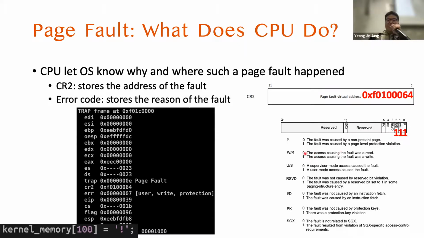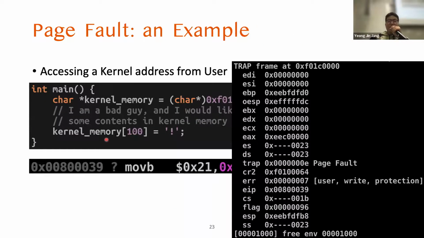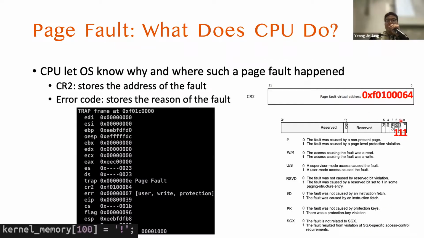And then read/write. The 0 means that the current access was a read, and 1 means that the current access is a write. The access that we made was writing this value to the kernel memory. That's why we have the W flag as 1. And the third-last flag is user/supervisor. If that value is 0, then the access was made in ring 0.